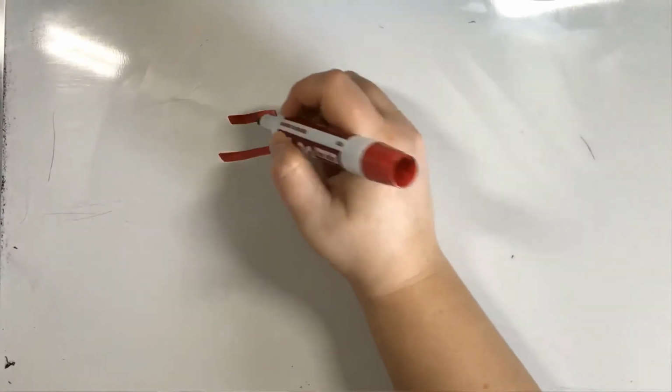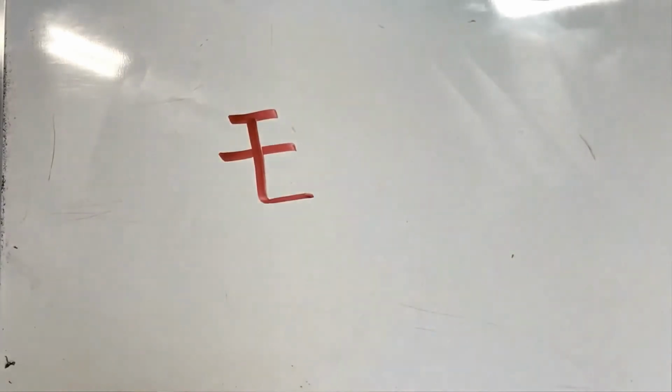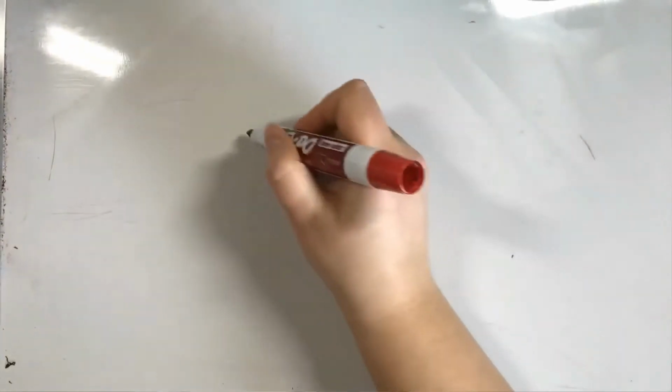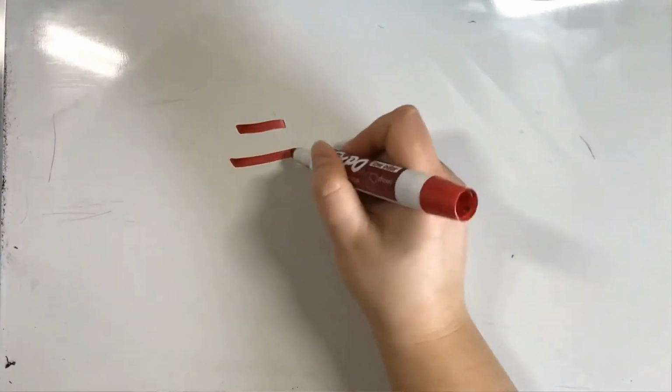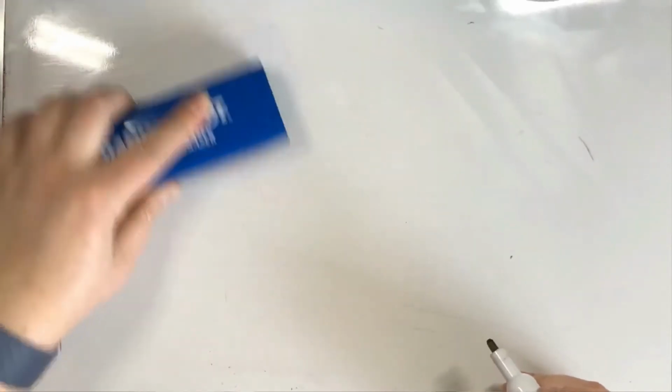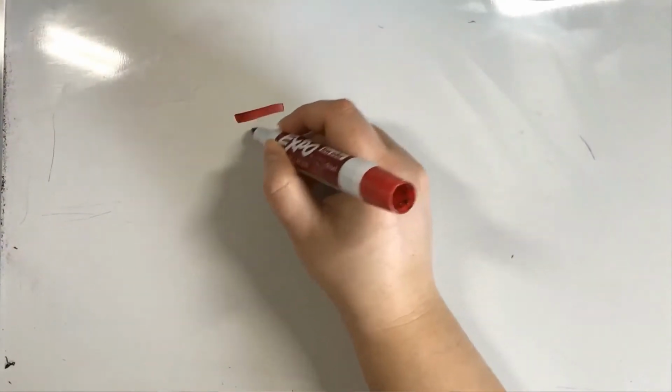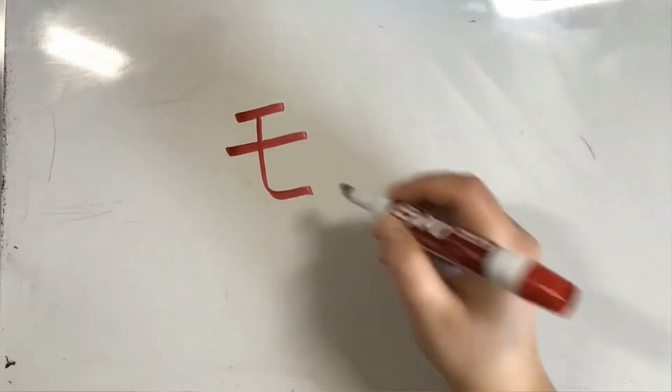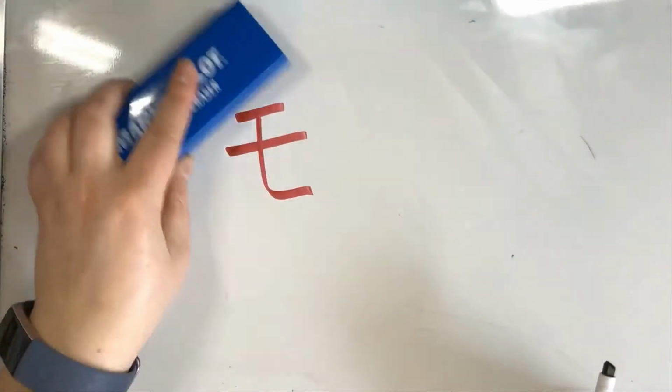Short line, long line, line going through, curve to the right. Short line, long line, down to the right. And that is mo.